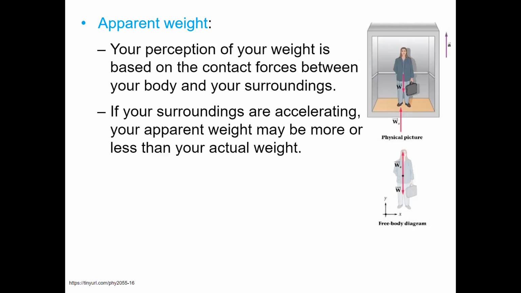But if the two are different, then you will feel gravity or loss of gravity, or maybe an adding on of gravity. So the contact force between your body and your surroundings, basically the floor here. If the elevator is going upward with acceleration, then the apparent weight, or the supporting force, is larger than the actual weight. This supporting force is called the apparent weight.